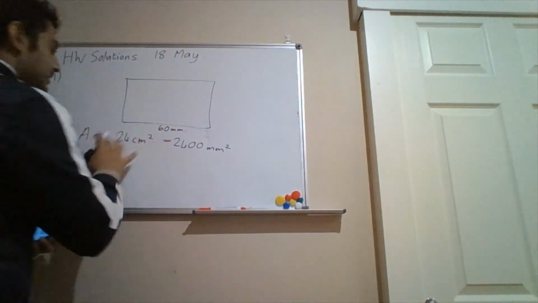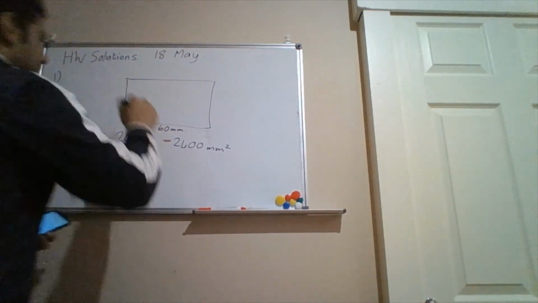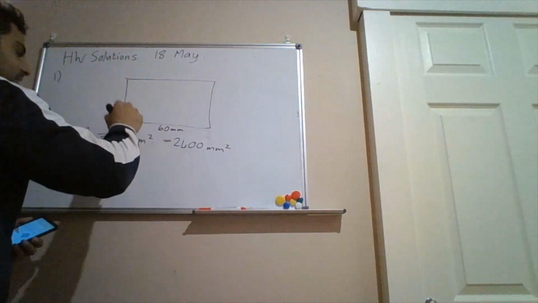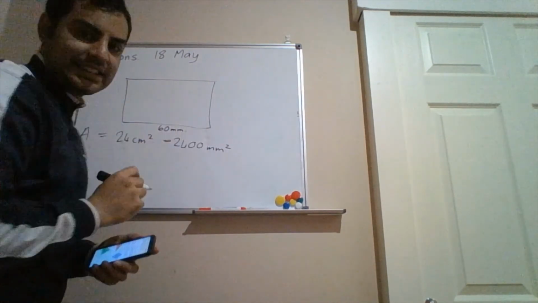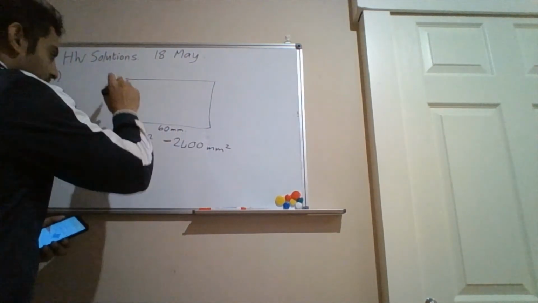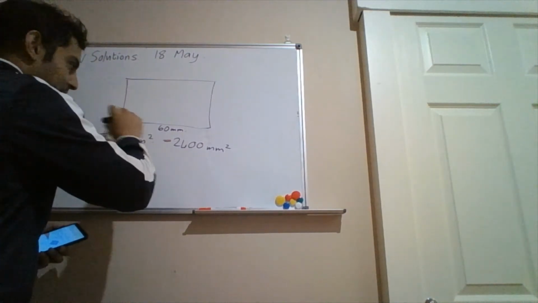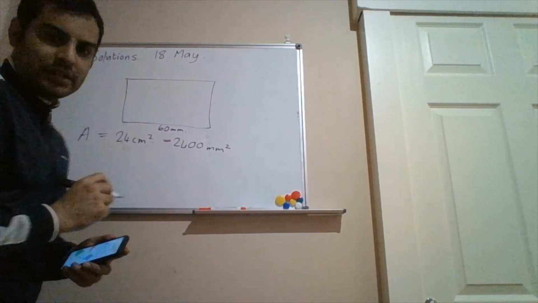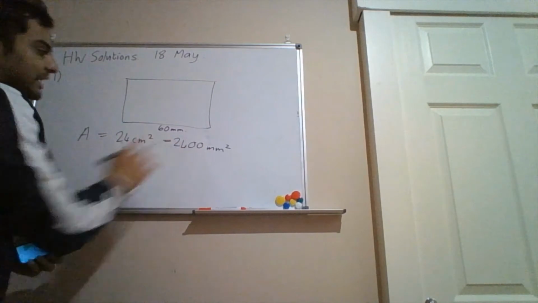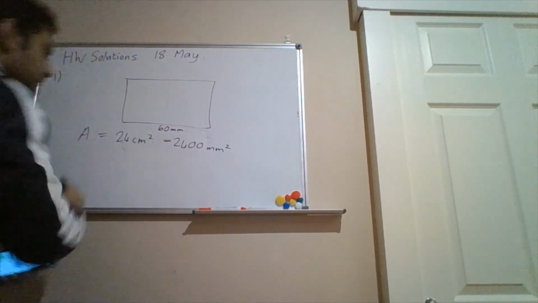So what this problem boils down to is that the length of this side times 60, length times height, is going to be 2400.